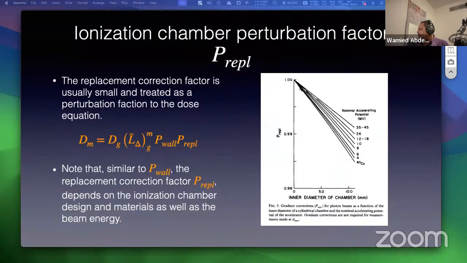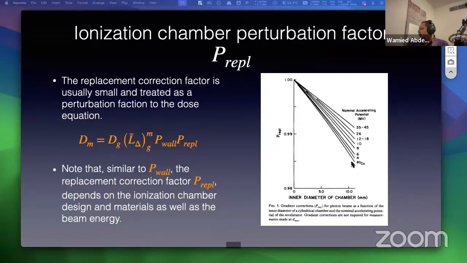This is why, as the diameter increases, we find that the perturbation factor deviates more from 1. Ideally, you want this to be 1, but this effect also depends on the beam energy.